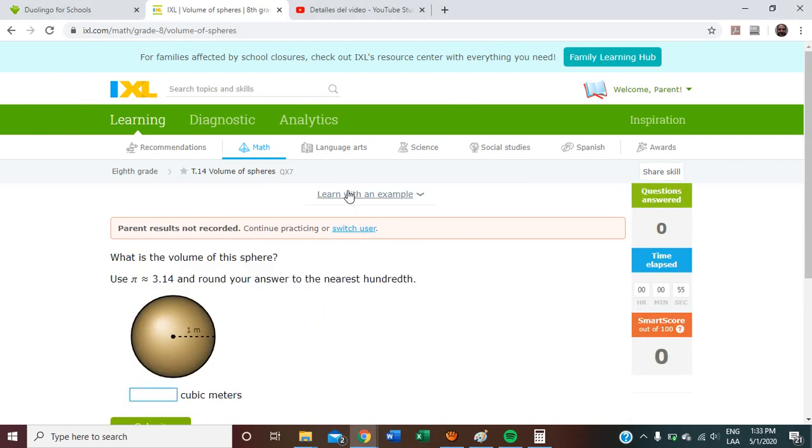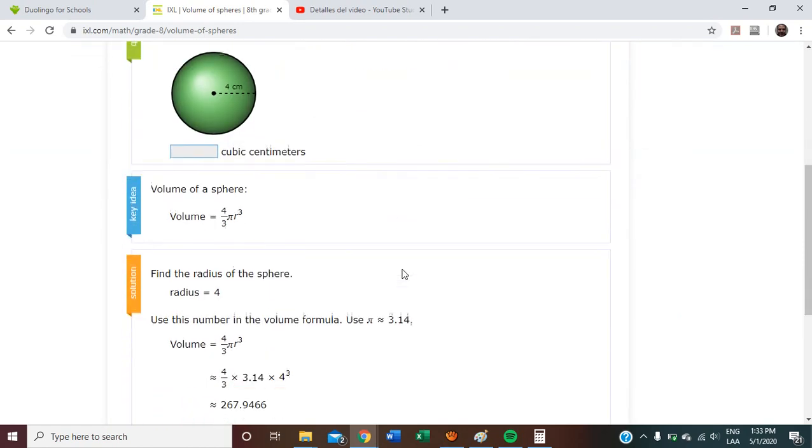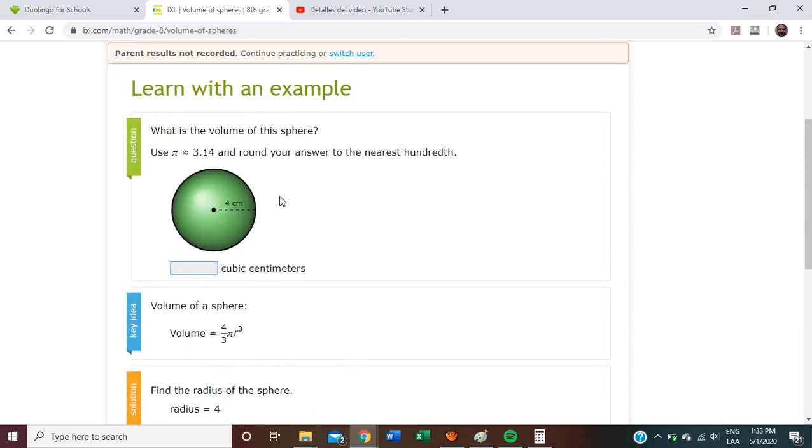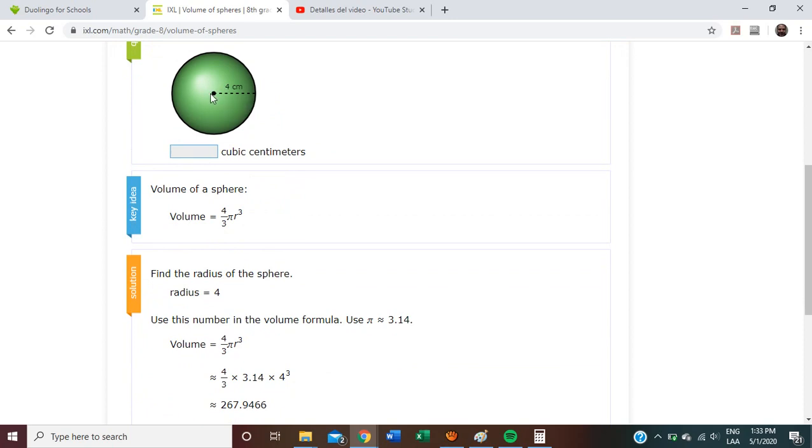If you hit the button, learn with an example, you can find out that the formula is right here. Volume equals 4/3 times pi times the cubed radius. All right, so in this example, the radius is 4.